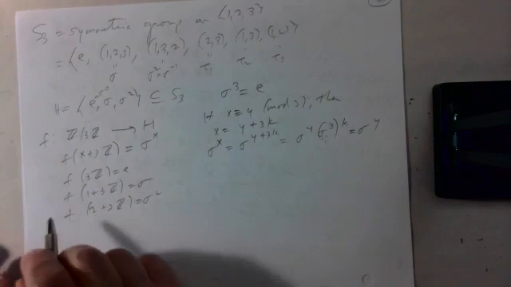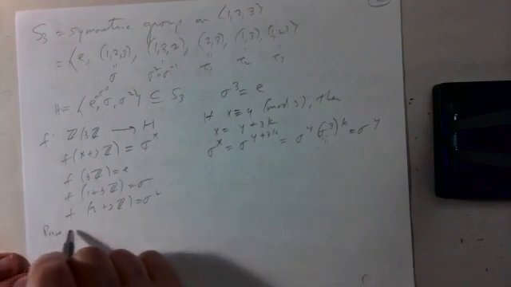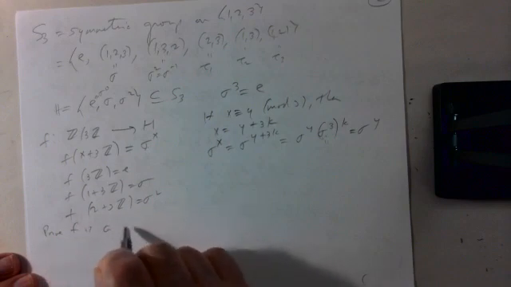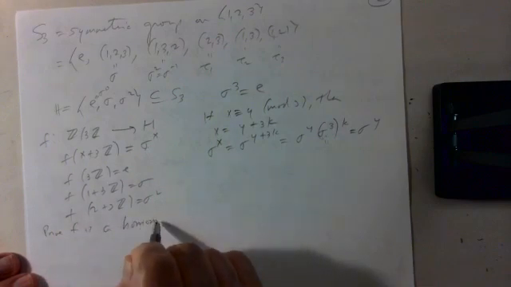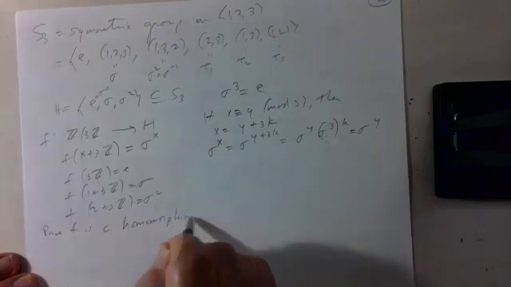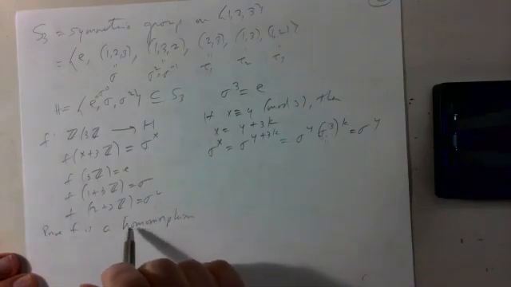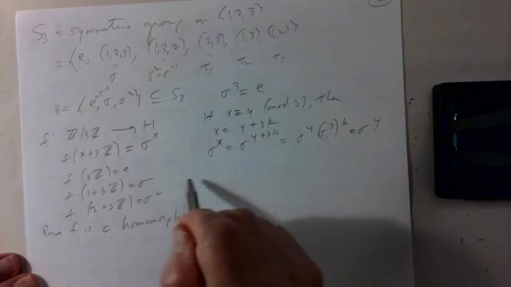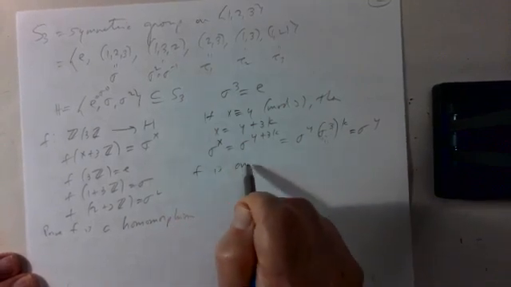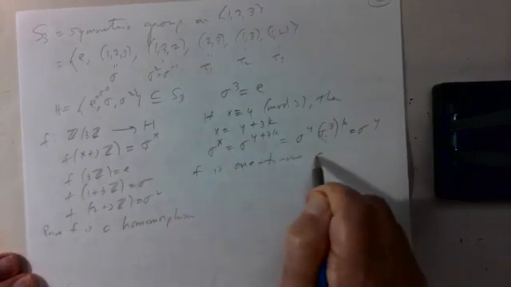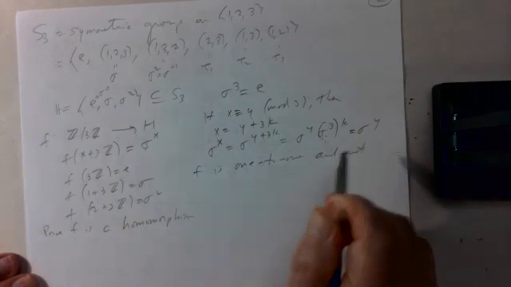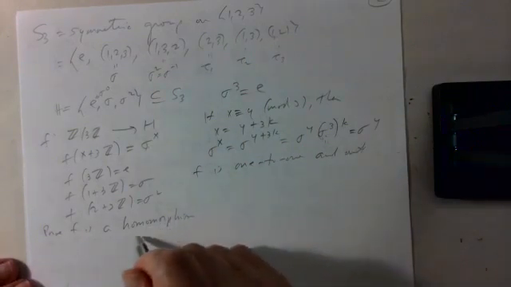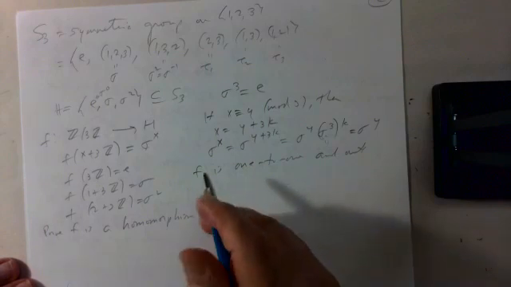Why is it a homomorphism? So let's check. We need to prove f is a homomorphism. Actually, it said an isomorphism. So an isomorphism is a homomorphism that's one-to-one and onto. Yes, so f is one-to-one and onto. So to prove it's an isomorphism, you just have to prove it's a homomorphism.